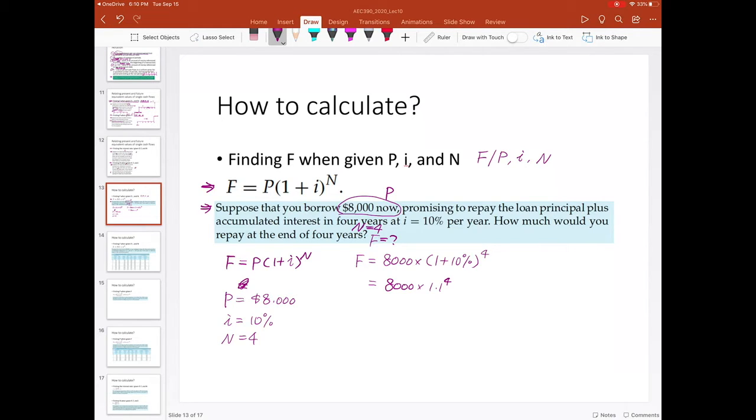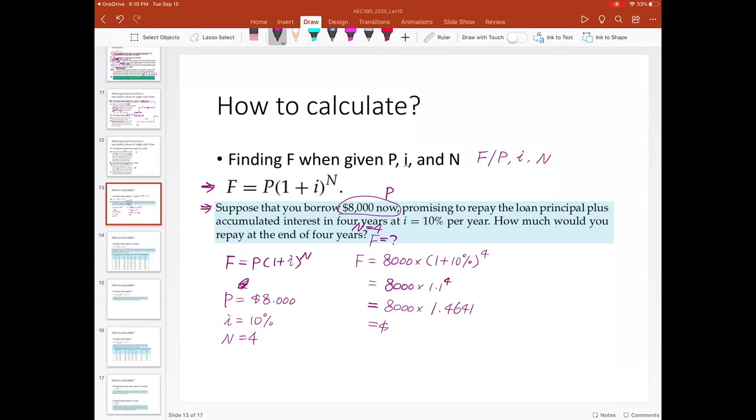Let me take a look at my note. So 8,000 times 1.1 to the power of 4, which is 1.4641.